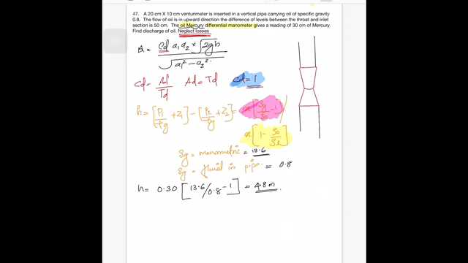Now we can directly substitute this value over here and you will get the value of Q. I have already done it. Value of Q is equal to 78.725 liters per second.